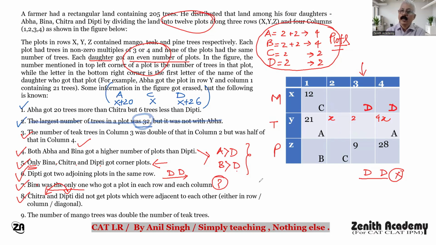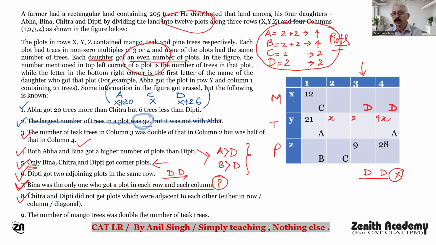Okay. And now see point number 7. Bina was the only one who got a plot in each row and each column. So look here, Bina is present in this row.